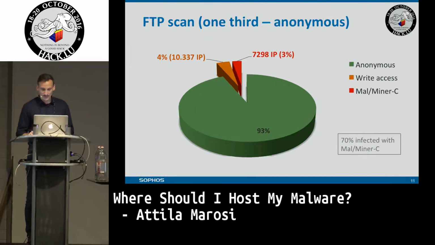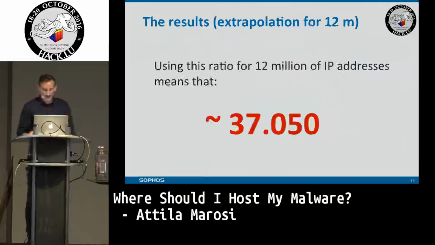So if you let it, they will do it. If you use this ratio for the 12 million, that means that roughly 40,000 IP addresses could be used for this purpose, which is a quite big number, I think.